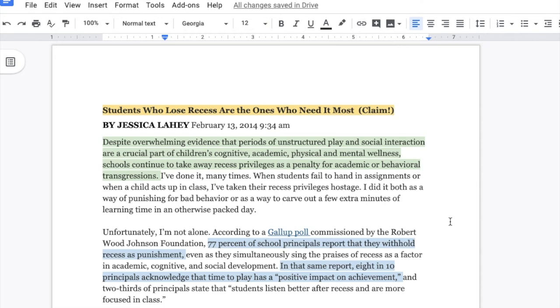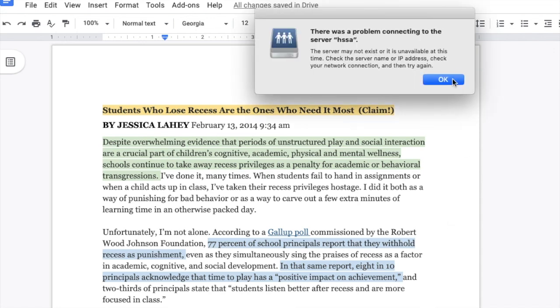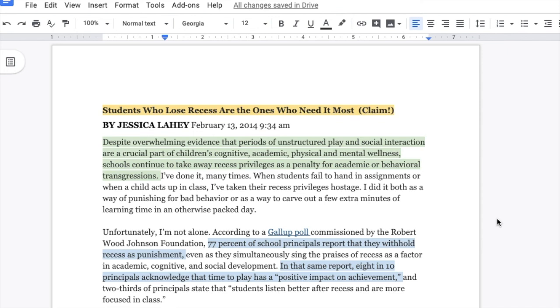So her counter argument is in the fact that she's done this herself, that she recognizes that 77% of school principals report that they do this, that this is something she too has practiced, that it is something that is just part of the educational system, and that people think that it is an okay way to punish students, even though they recognize the benefits of recess. So she's utilizing that viewpoint, coupling it with her previous experience as her counter argument.